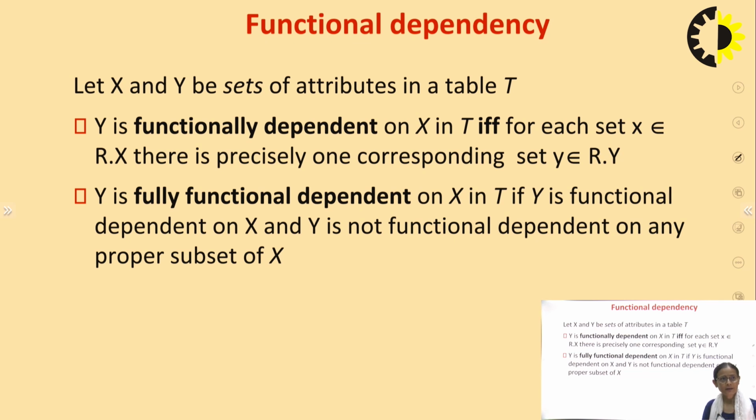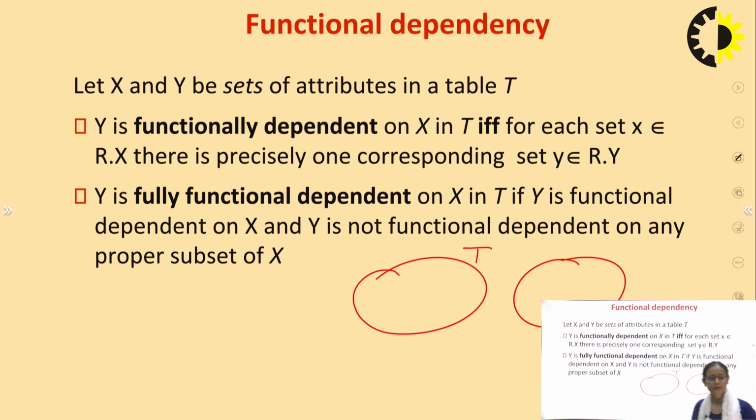Let X and Y be sets of attributes in a table T. That is, we have a table T, and we have derived two sets in T, one is X and another one is Y. Y is functionally dependent on X in T if, for each set X, R.X, and R.Y, where the relation is R.